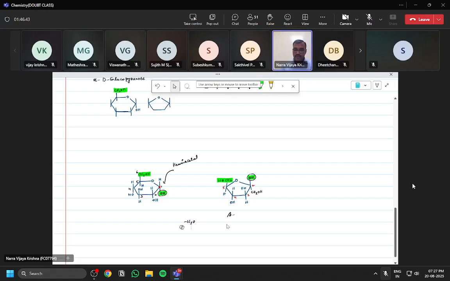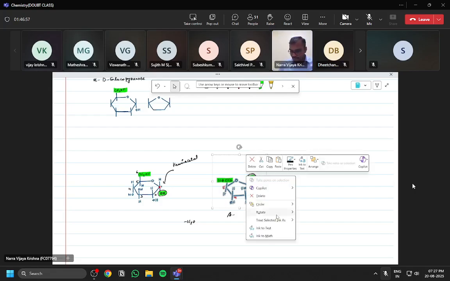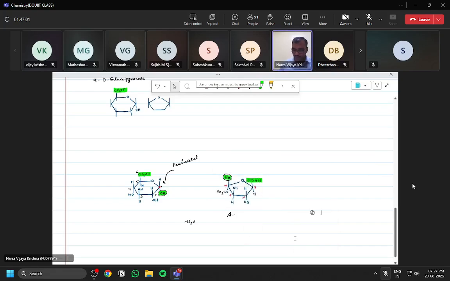So how can I do it? I need to remove water from these two. Observe. Is it beta form or not?